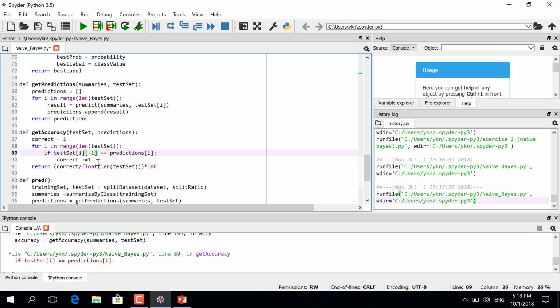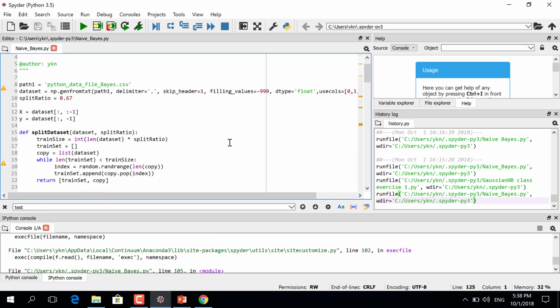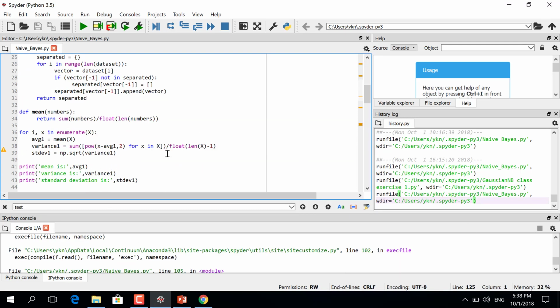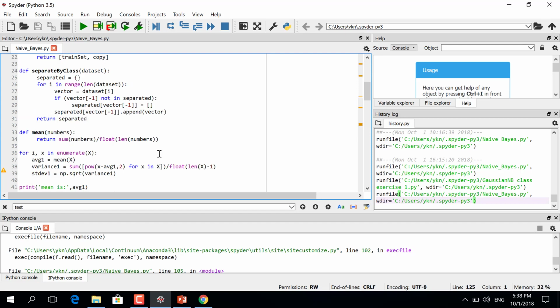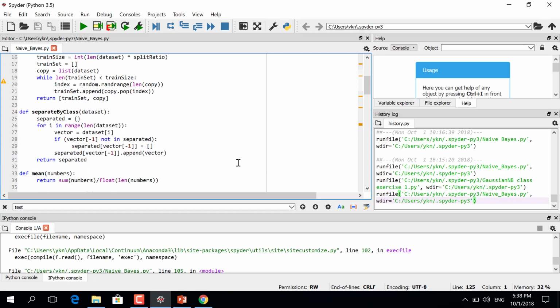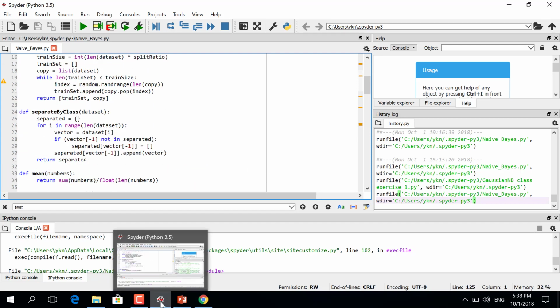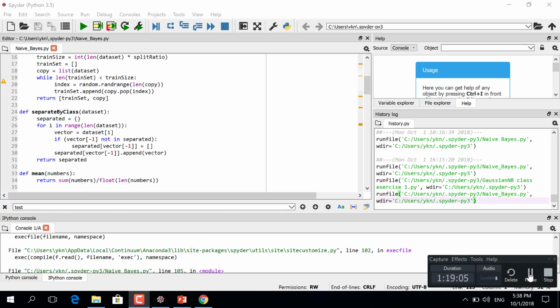We need to give this minus 1 as additional information, to compare the prediction of the original y and the calculated y. I think now we don't have any more problems with this code, I hope.